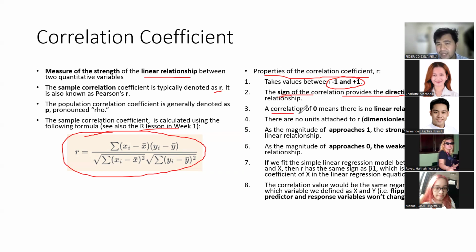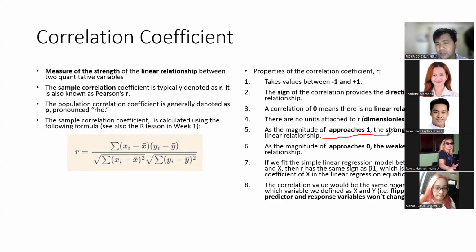However, if the correlation is 0, it simply means that there's no linear relationship between the two variables. And this is a dimensionless number. As the value approaches positive or negative 1, it indicates a generally strong linear relationship. Conversely, if it's approaching 0, you have a weak relationship. And this one, we're going to talk about later.